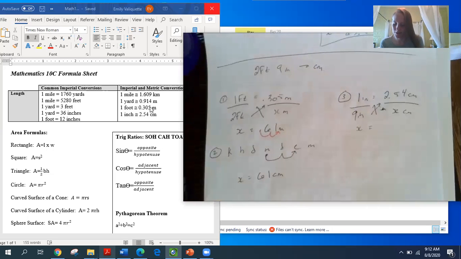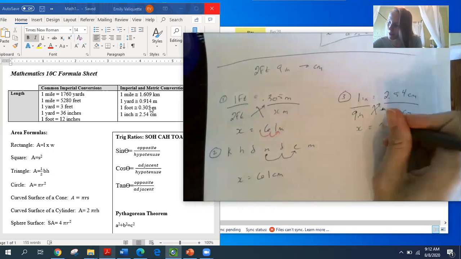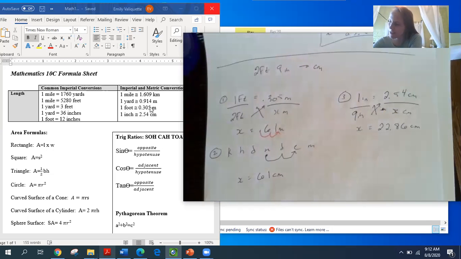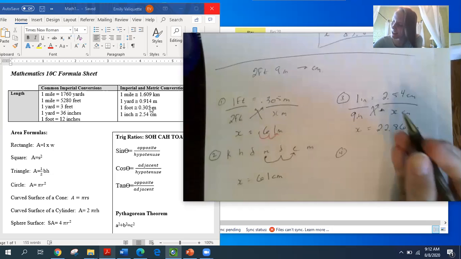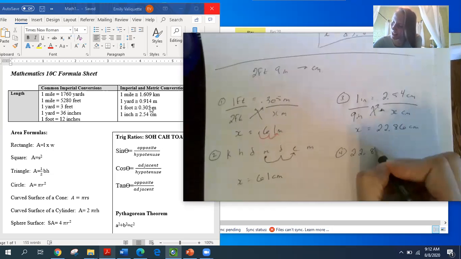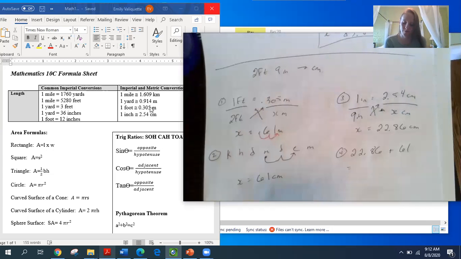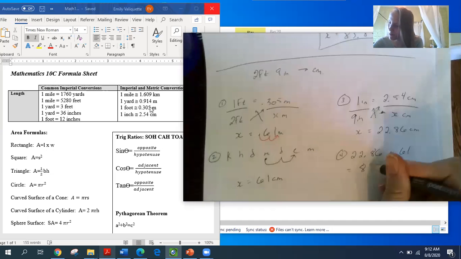And 9 times 2.54 is 22.86 centimeters. And so my final step is to just add my 22.86 centimeters plus the 61 centimeters, and we get 83.86.